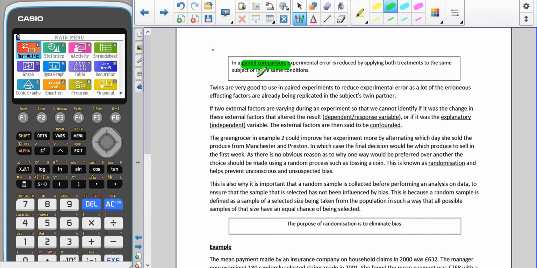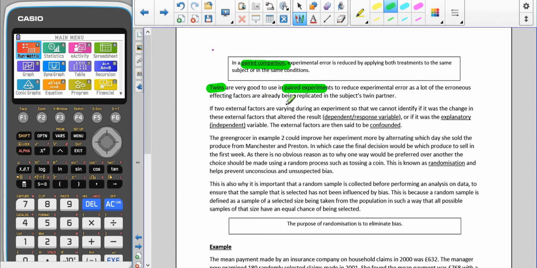They grew up with very similar genetics, they have the same nurture, they have the same nature, and it's only the variable that they're wanting to experiment on which is being changed. So twins are used quite a lot. Twins are very good for paired experiments to reduce experimental error, as the erroneous affecting factors are already being replicated in the subject's twin partner.